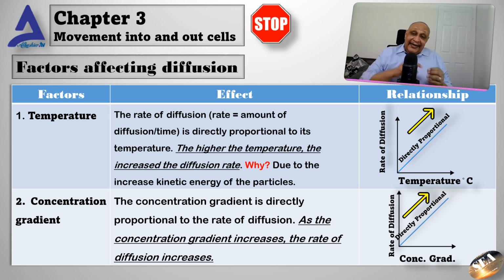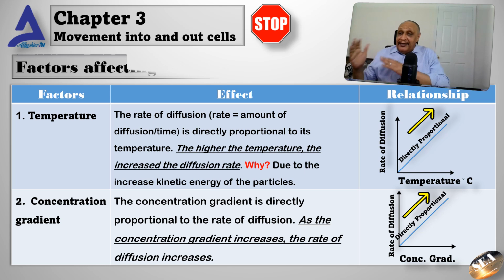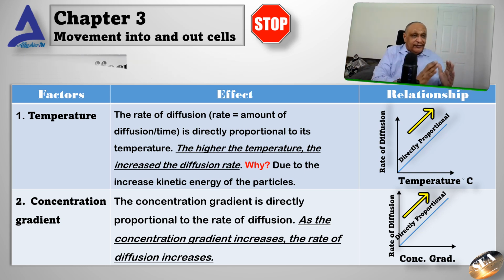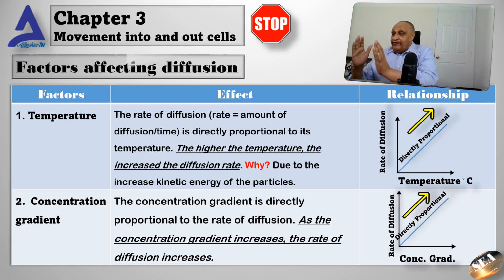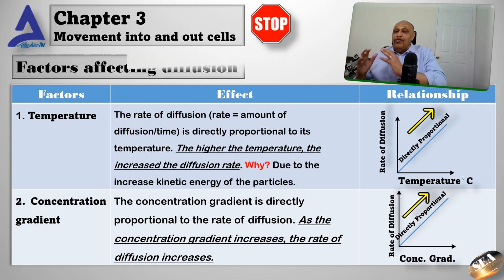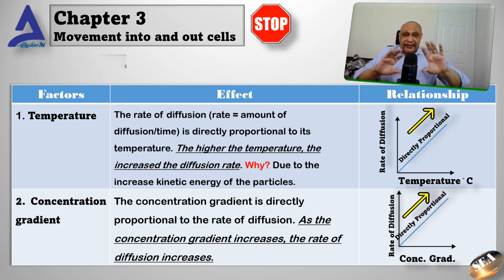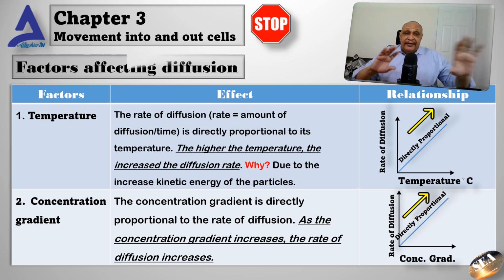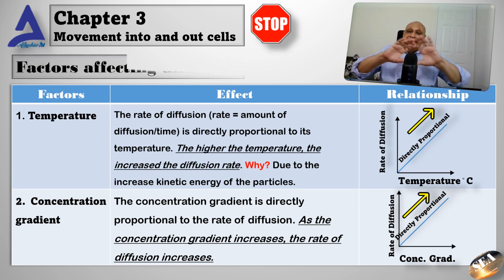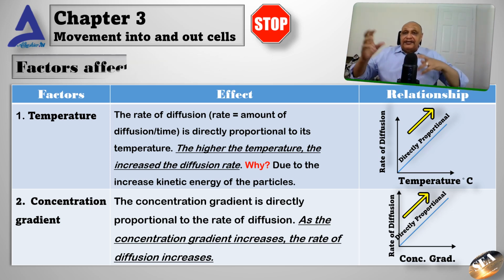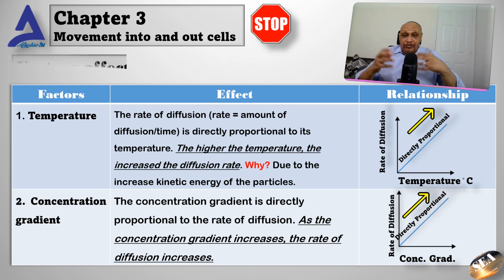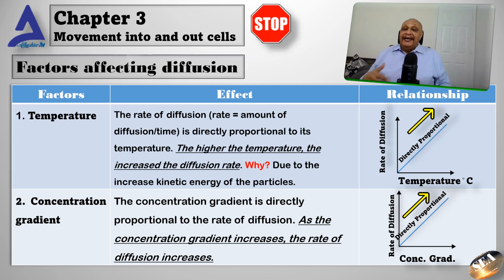So it is a linear increase. If the temperature increases, the rate of diffusion increases. Why does it increase? Because temperature offers more space by moving the particles apart. When there is space, particles move freely. When they move freely, their kinetic energy increases.